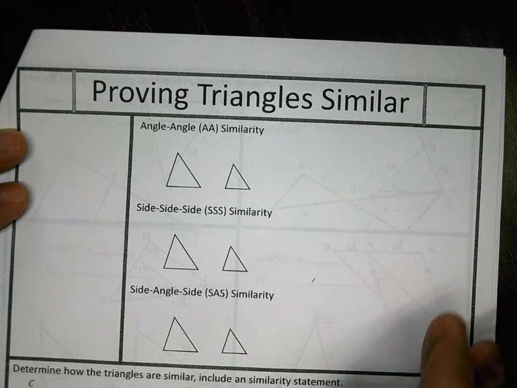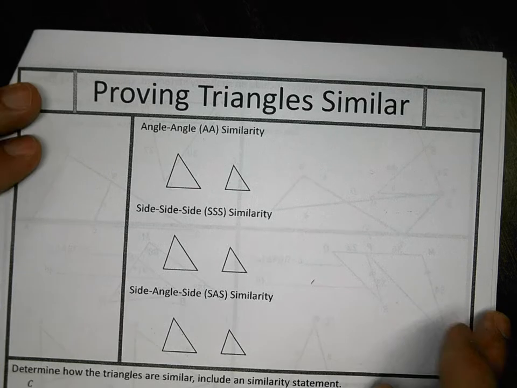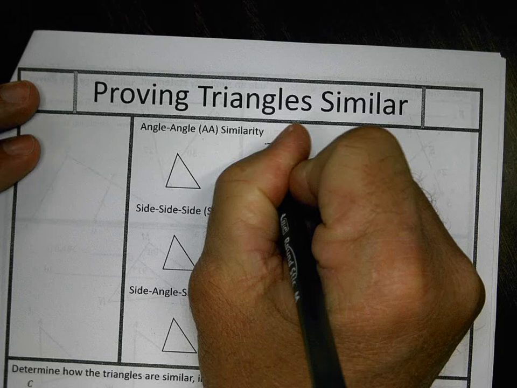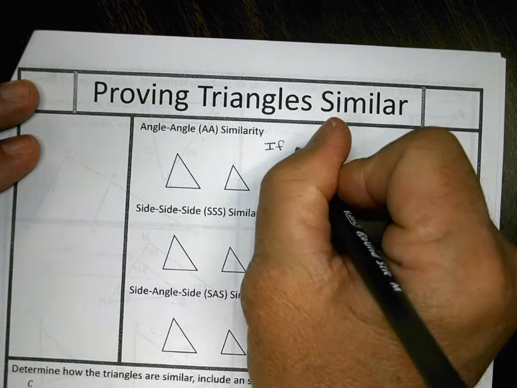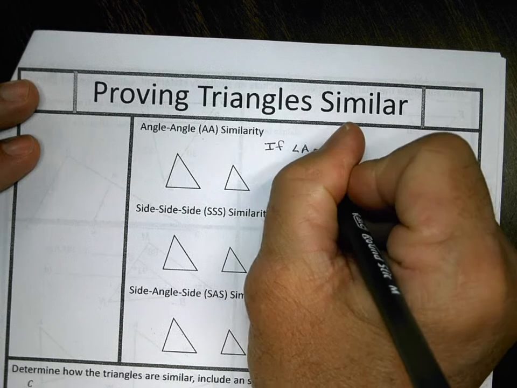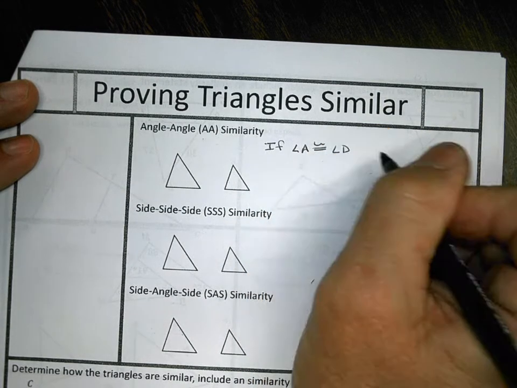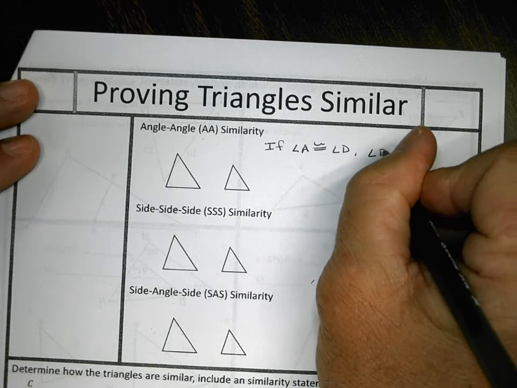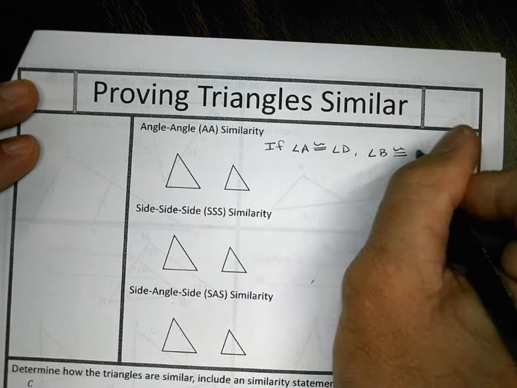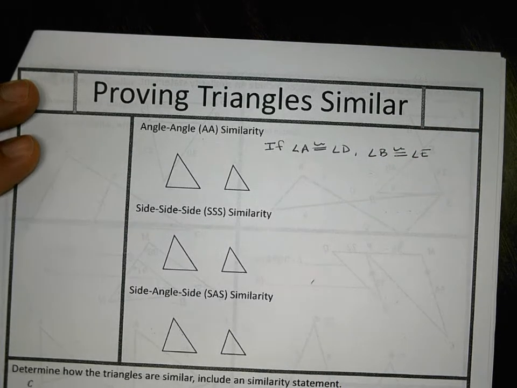All right, so to prove 2 triangles are similar with angle-angle similarity, we would say if, let's say, angle A is congruent to angle D and angle B is congruent to angle E, then the 2 triangles are similar.